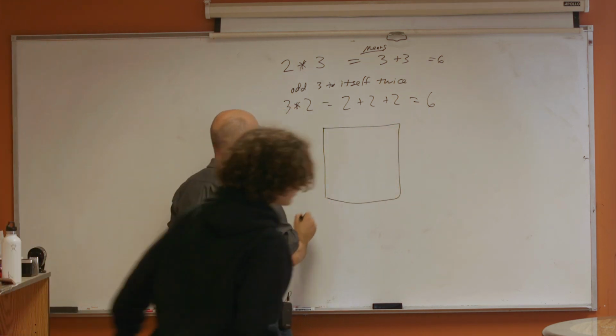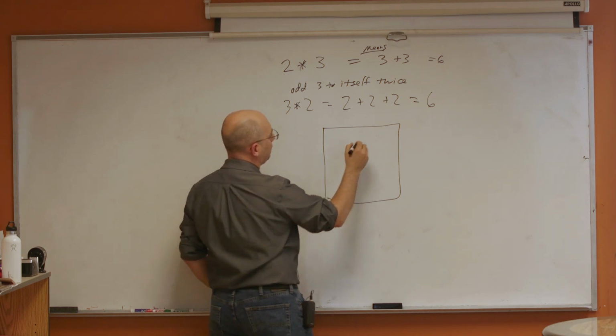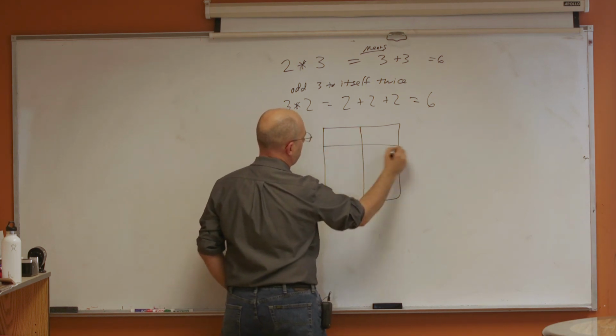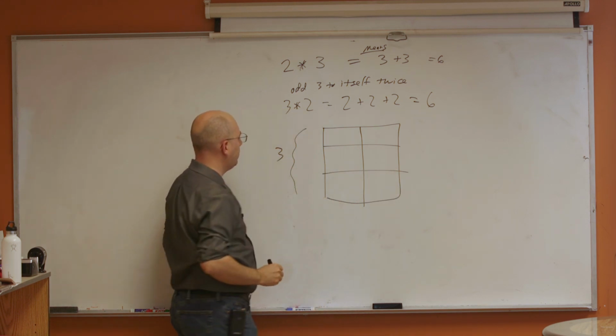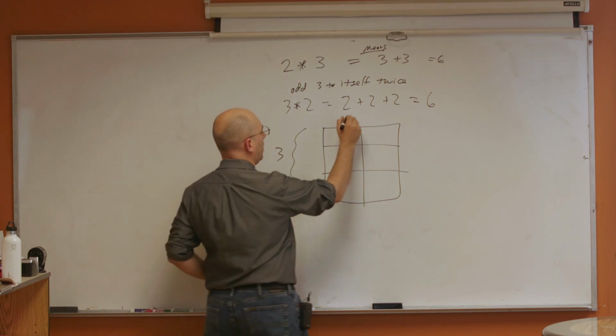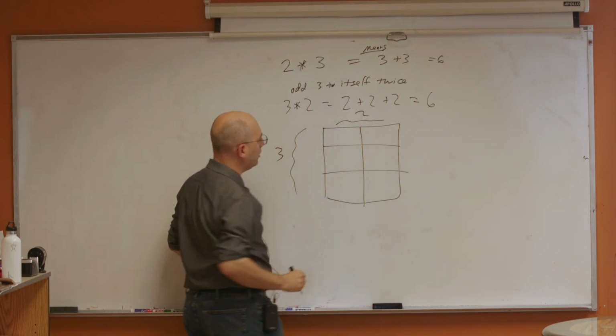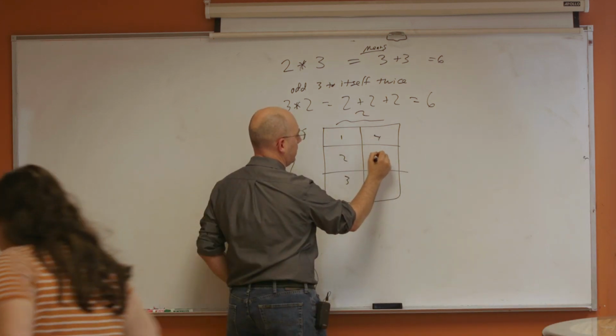Pictorially, one great technique is counting boxes. So I've got 3 rows and 2 columns, and I count them up. 1, 2, 3, 4, 5, 6.